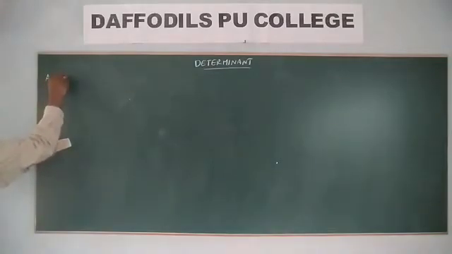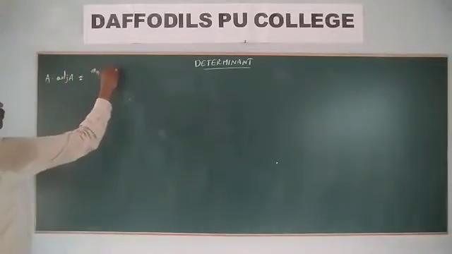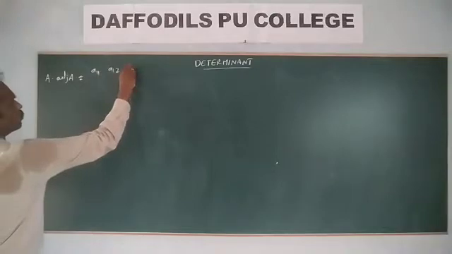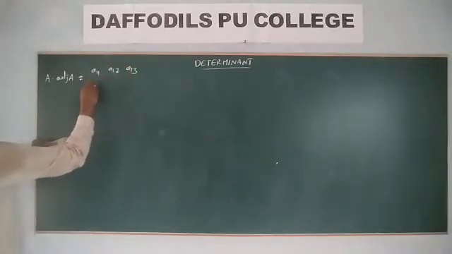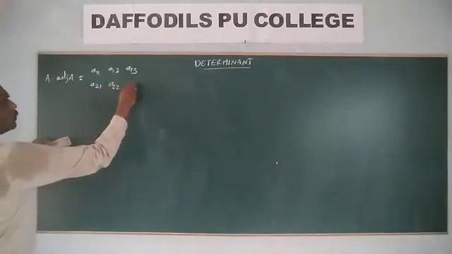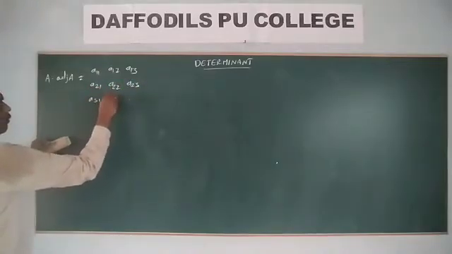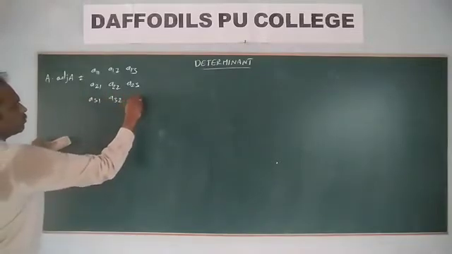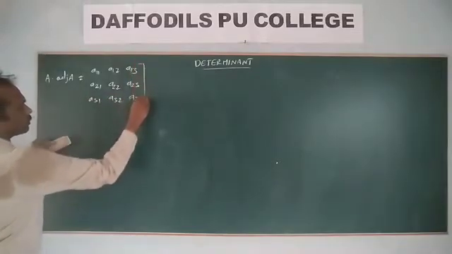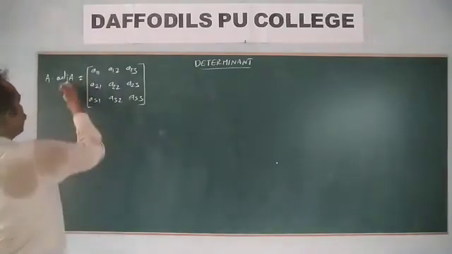Continuation, that is A into adjoint A. Matrix A: A11, A12, A13, A21, A22, A23, A31, A32, A33. Okay, already formed adjoint.